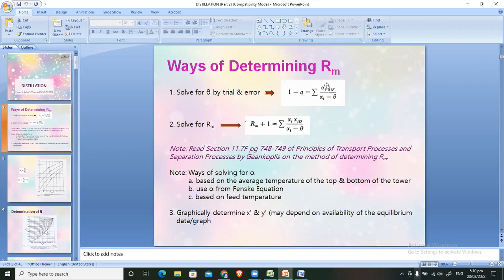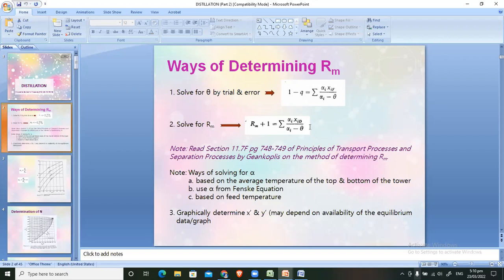So in terms of form, they are the same for the two. The only difference is that one is for the feed, the other for the distillate. So more or less the same formula, but of course it's needed here in step 2 that you know already that theta from step 1. Now read section 11.7F of John Couples to be able to follow through the process of determining the minimum reflux ratio.